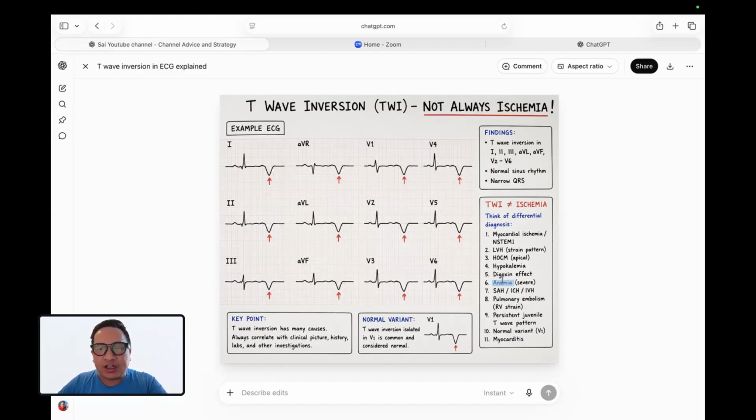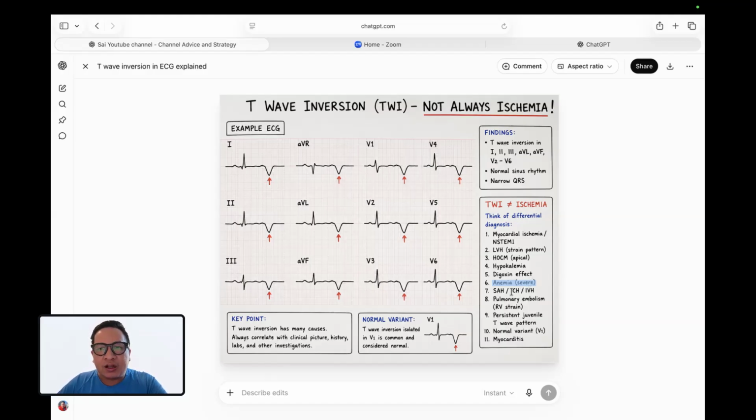So we're going to think about anemia. We're going to check hemoglobin, and if it needs to be corrected, we have to correct it. And then we need to recheck the EKG once the hemoglobin level is replenished. Yes, and this is another differential diagnosis we need to consider.